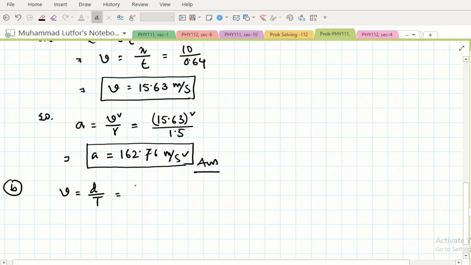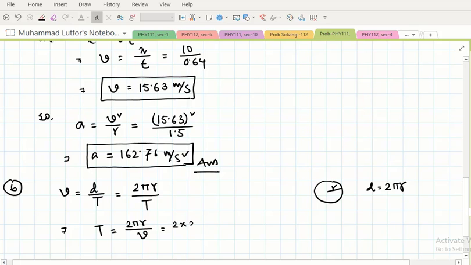The distance is the circumference of this circular track, which has radius r, so it is 2 pi r divided by t. Now we can find the time period t, which is 2 pi r divided by v.